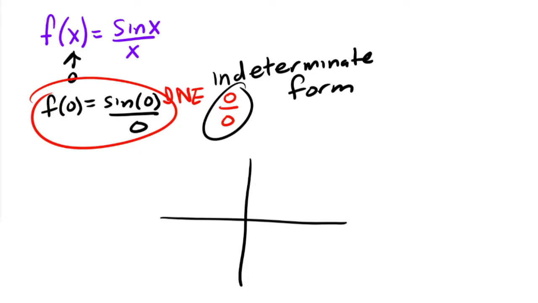And so let me give you a little graph of this guy. So here's the attenuation. And then at x equals 0, there's actually a hole there. There's a hole that's not shown in the graphing, and if you try to graph it using your calculator, it doesn't look like there's a hole either.